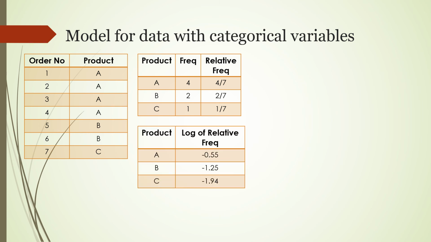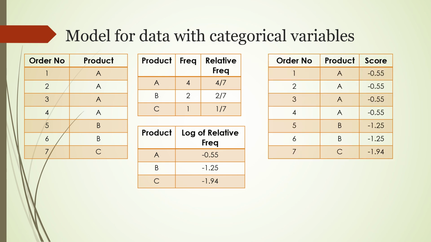Once we do that, we then calculate the log of the relative frequency, and as you can see, the relative frequency which is the smallest has the highest negative log, and the relative frequency which has the maximum value has the least negative log. Now if I place this log of relative frequency side by side in the main table, I will get something like this.